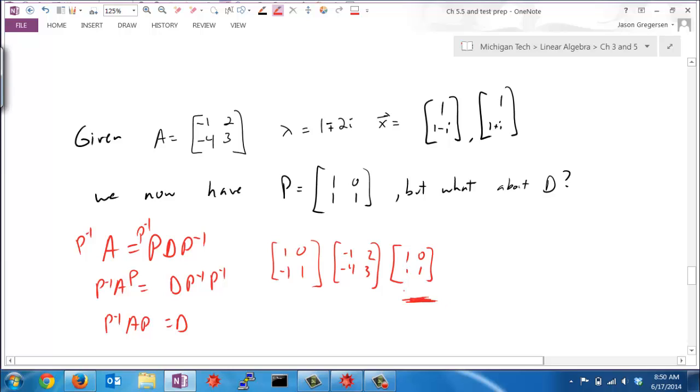Or you can just take my word that that's the inverse. All right, we're a little crunched for time, so I'm just going to do this calculation here. When I multiply these out, this is the matrix I get. This is the matrix I get.